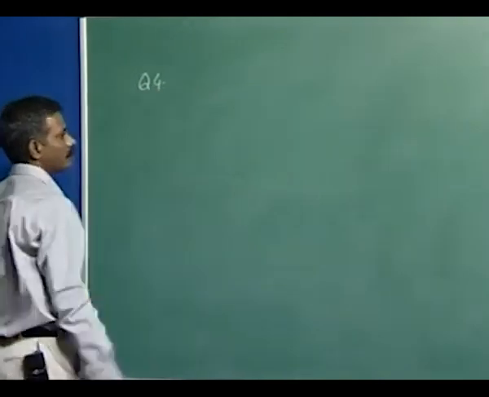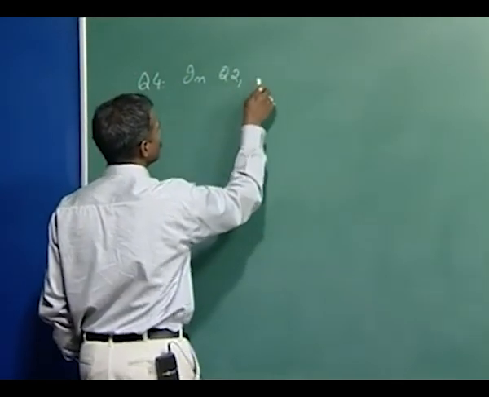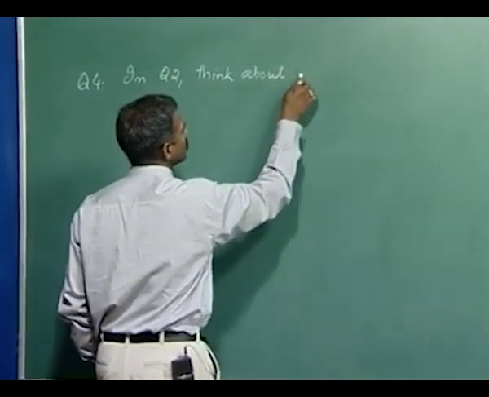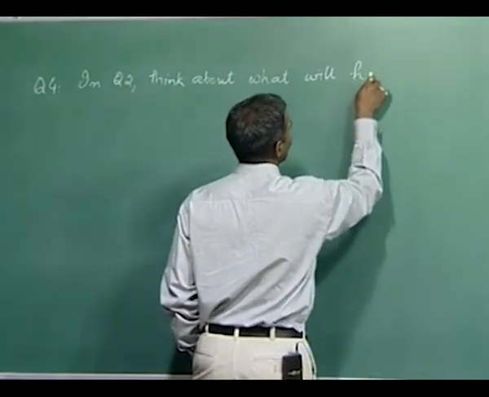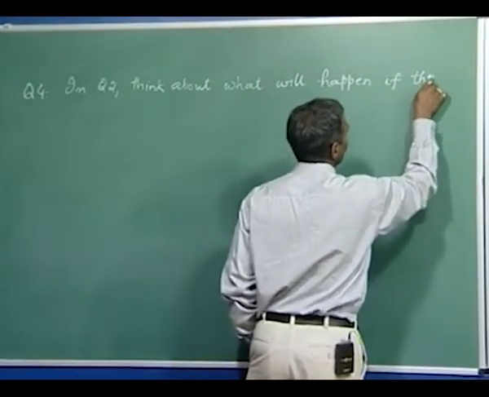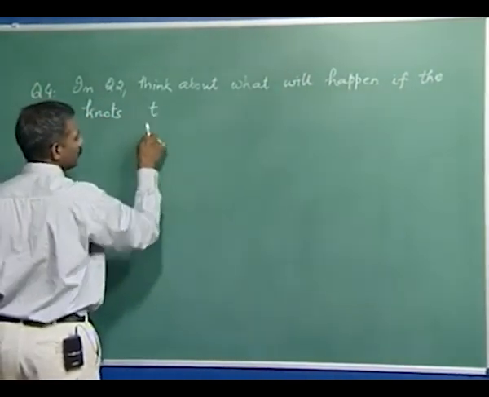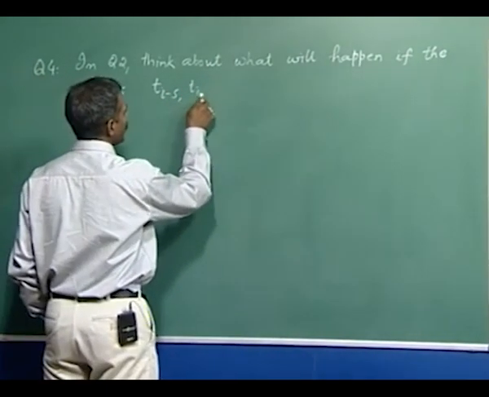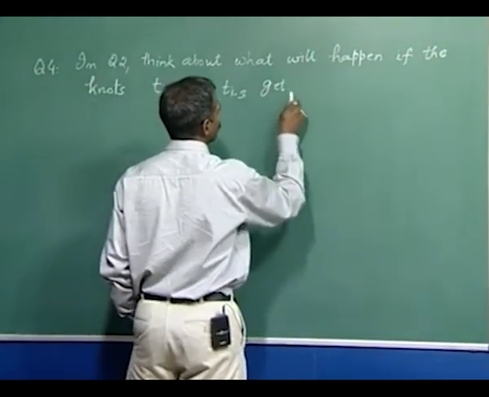Question 4. In question 2, think about what will happen if the knots t i minus 5, t i minus 4, t i minus 3 get merged.